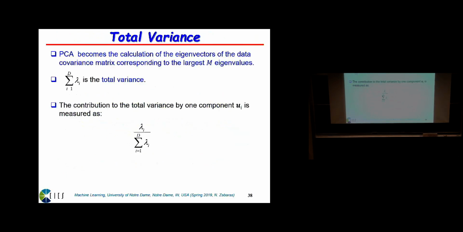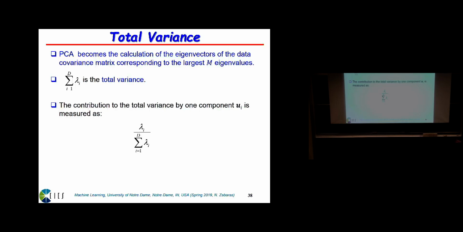So which eigenvalues and eigenvectors are you going to use, right? So let's clear this up. The total variance that you have is the summation of all the eigenvalues of the sample covariance, okay? And from each component, the contribution that you get is lambda i divided by this total variance.